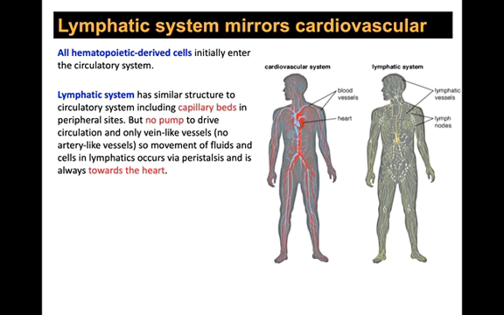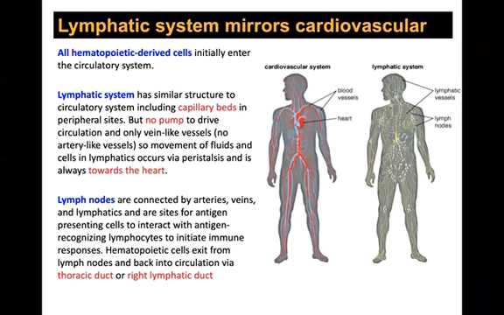Because in these capillary beds, there is some permeability. And so that fluid is then collected into lymphatics. And all of that fluid and everything else contained in that fluid is pumped by your movement towards the heart, so that it eventually ends up in your thoracic duct.